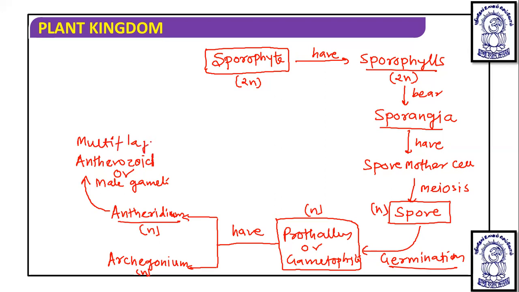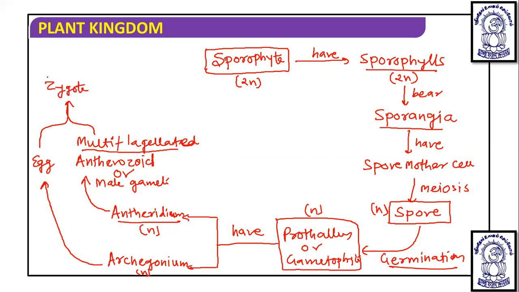In bryophytes, we have studied that the antherozoids or male gametes are biflagellated, but in pteridophytes they are multiflagellated, produced from the antherozoid mother cell by mitosis in the antheridium. In the archegonium, the egg mother cell produces an egg. Now the egg and the multiflagellated antherozoid fertilize, or undergo syngamy, and produce a zygote. And this zygote forms an embryo.